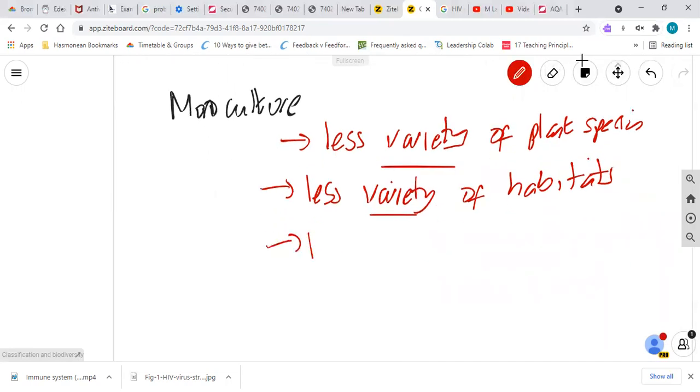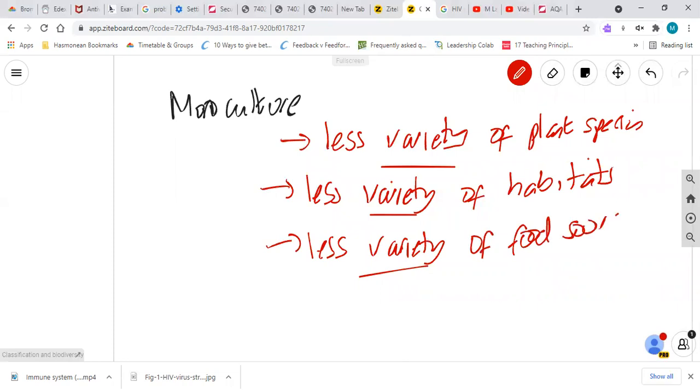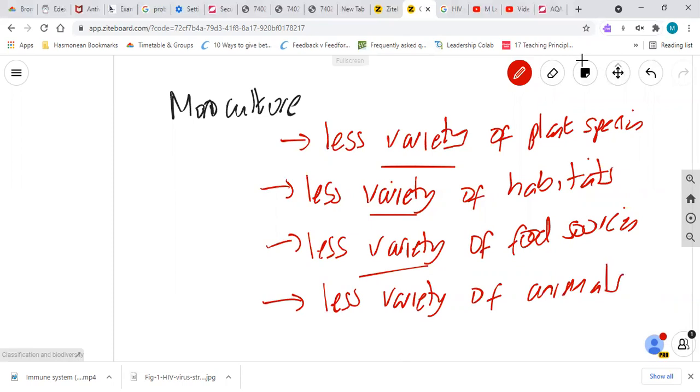You'll have less variety, getting the clue of variety, of food sources, which leads you to less variety of animals. It's the same with deforestation. Same principle goes all the way through.